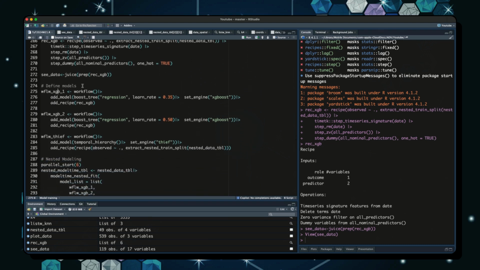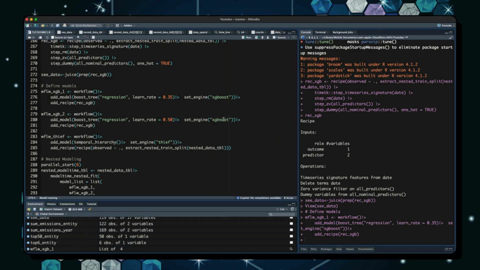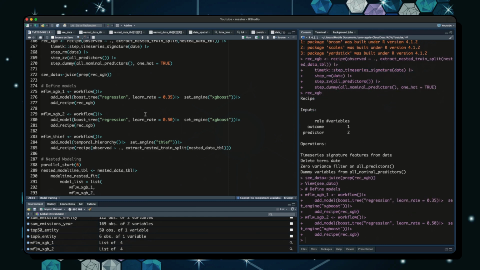So, in time series, it is always a good thing to try many models at once and see visually which model performs well with which time series. So here we are going to use an XGBoost with a learning rate of 0.35, which will be our first model. The second model will be an XGBoost with a learn rate of 0.5, just to see how this is performing.